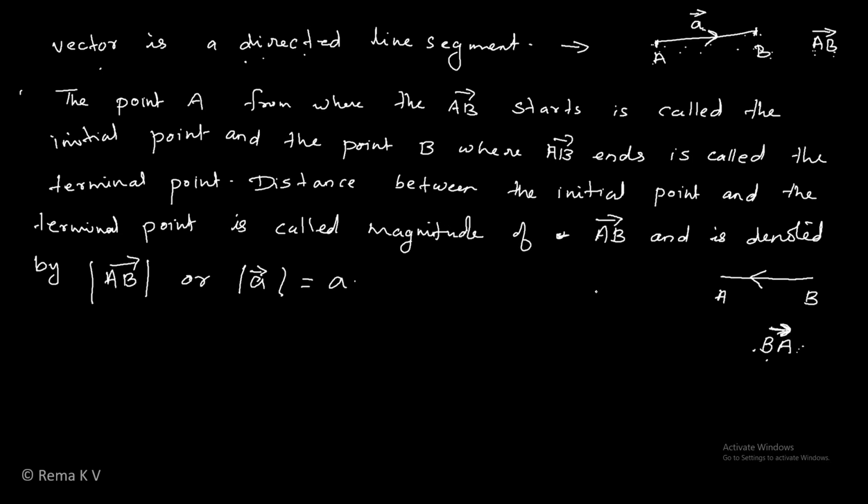Initial point is B. Which is the terminal point or final point? Terminal point is A. The initial point of this vector is B and the final point or terminal point of the vector is A. Is it clear?